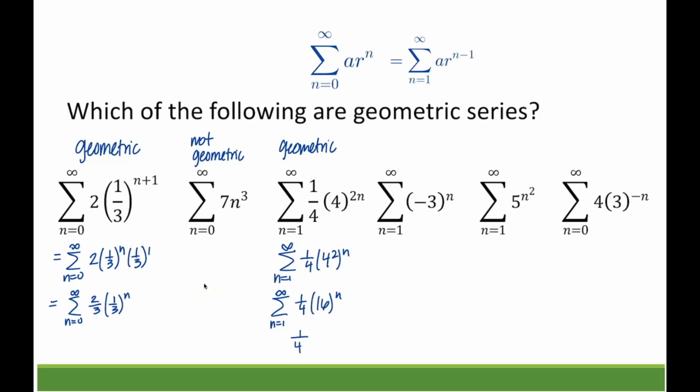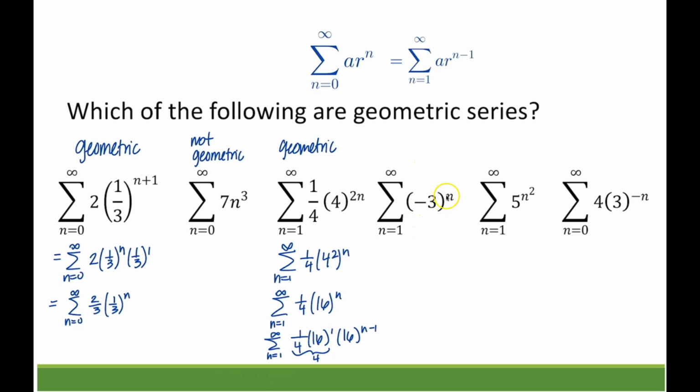So I'd have 1/4, 16 to the 1, and then what would be left is 16 to the n minus 1, because I took out one copy of that. And then the 1/4 and the 16 are going to create that 4 that we said already was the first term.